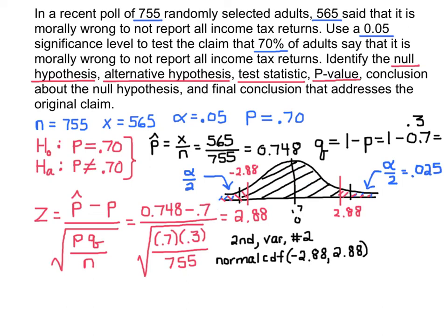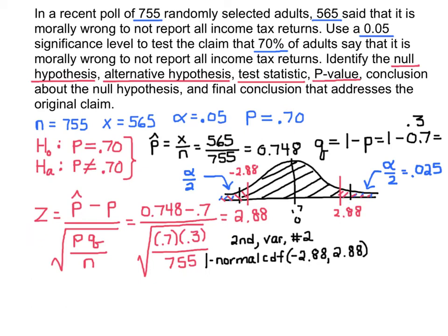So if I say 1 minus the normal CDF from negative 2.88 to positive 2.88, I will get 100% minus this area, which is going to give me the sum of my two red tails, and that is the tails created by my test statistic.